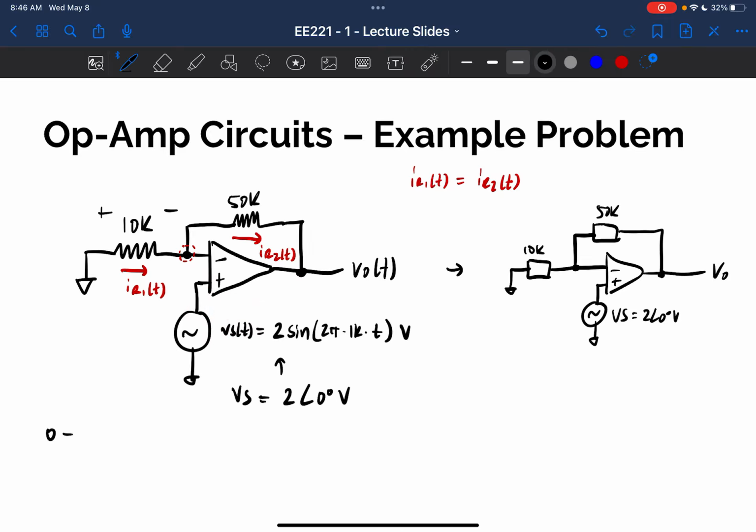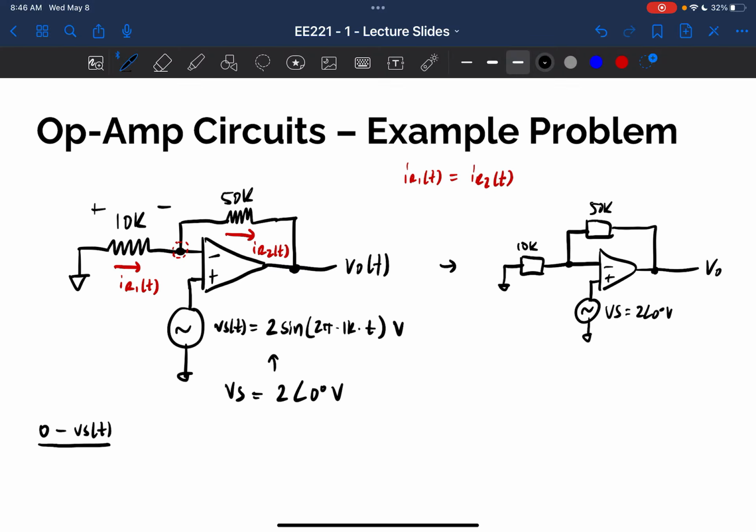So it's actually Vs of T. So this is going to be Vs of T divided by 10K, right? And now if I want the voltage across the 50K, that's going to be going this way. I'm going to have Vs of T minus V out of T divided by 50K. All right, and so my goal was to solve for V out of T.